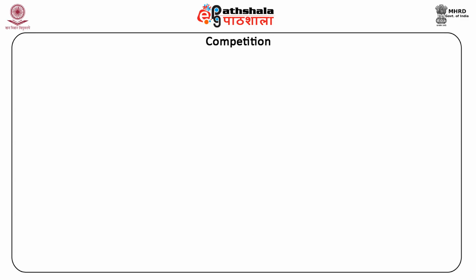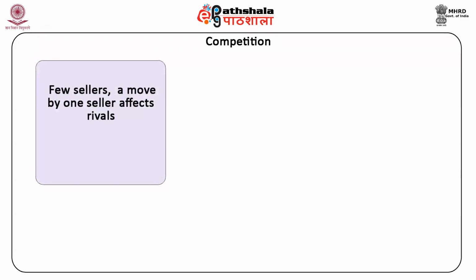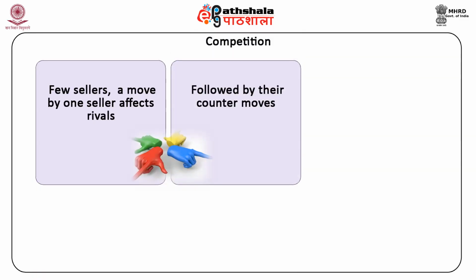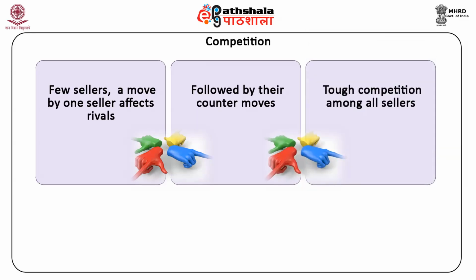Competition. Since under oligopoly there are few sellers, a move by one seller immediately affects the rivals and is followed by their counter moves. Thus, we can say that there exists tough competition among all the sellers in an oligopolistic market.